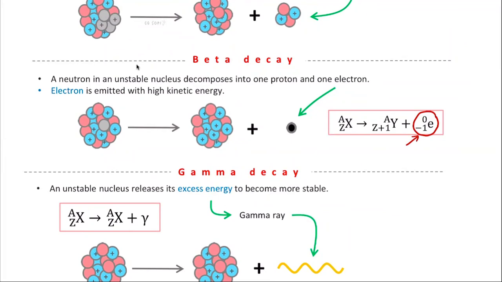And 0 means the mass of an electron, which is very, very small. Doesn't mean it doesn't have any mass, but actually the number is very, very small, a lot of 0s actually. So the number is rounded off to become a 0. Right, so that one is for beta decay, which consists of an electron.